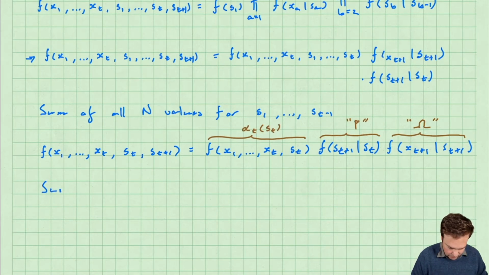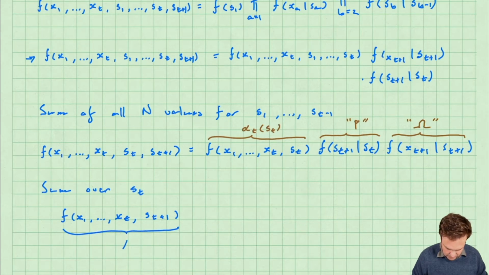Now if you sum over s sub t, the left-hand side just loses its s sub t, and it becomes alpha sub t plus 1, evaluated at s of t plus 1.